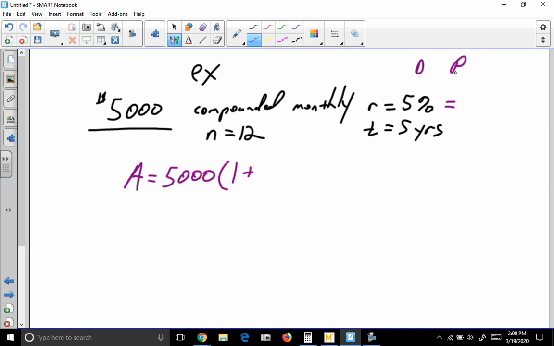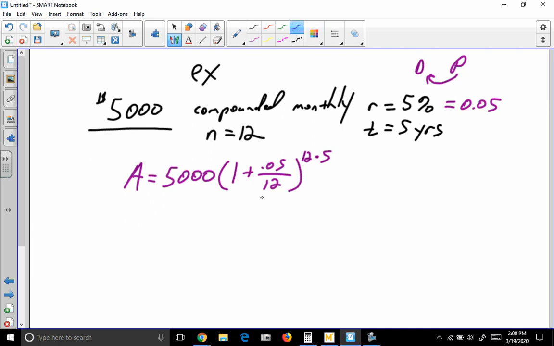So I remember D comes before P. If we're going from percent to decimal, we move to the left, and we always go 2 places. So that would become 0.05 as a decimal. So 0.05 over n, to the n times t.